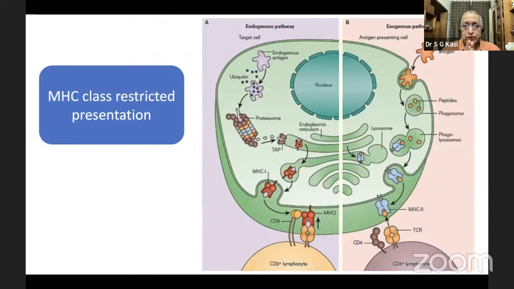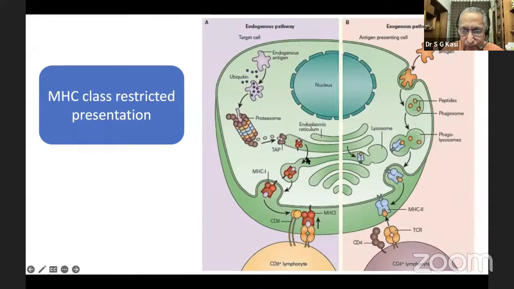The other concept you need to understand is this MHC class restriction. Now, what is this MHC? MHC stands for Major Histocompatibility Complex. Now, when you have an intracellular antigen, like a virus particle, broken down virus, that is broken down by the proteasomes.